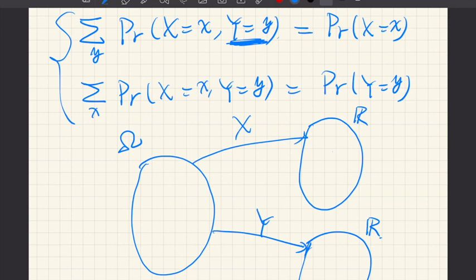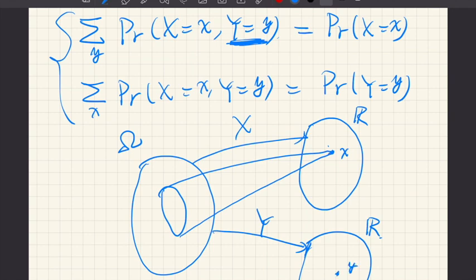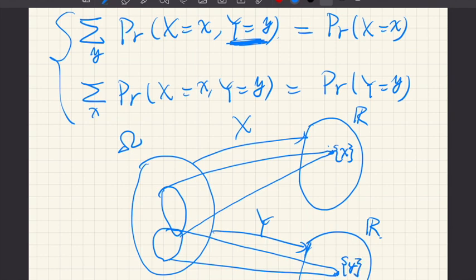We take a value of x here and take the inverse image here. And we take a value y here and take its inverse image here. Now, of course, we are not taking a single point, but a subset consisting of a single point here.